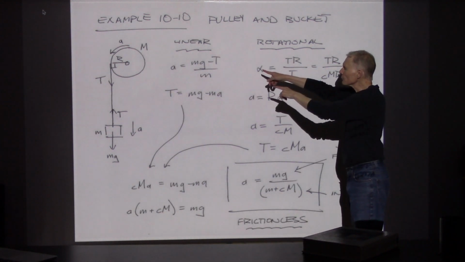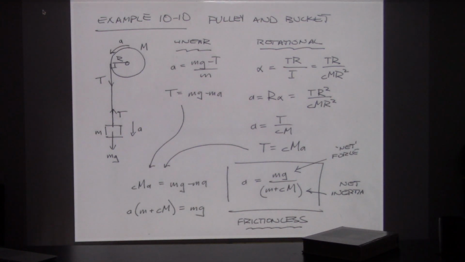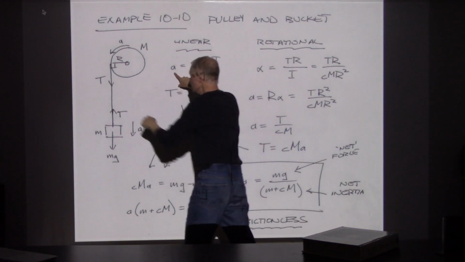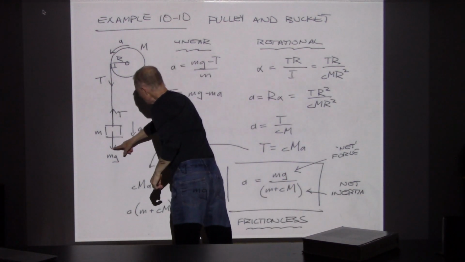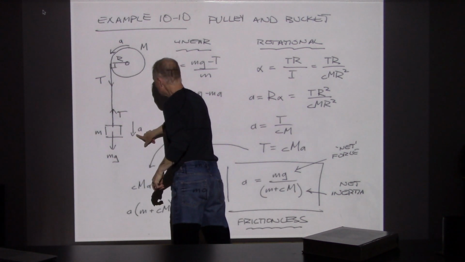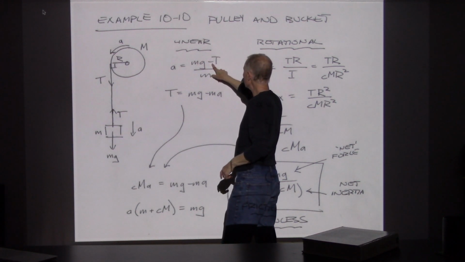Now let's do the linear side first. Going back to chapter 4, we can write down a formula for the linear motion. The acceleration of the bucket is going to be equal to mg minus T, divided through by the mass. mg is in the direction of the acceleration, so that gets the plus sign. The tension is holding things back.